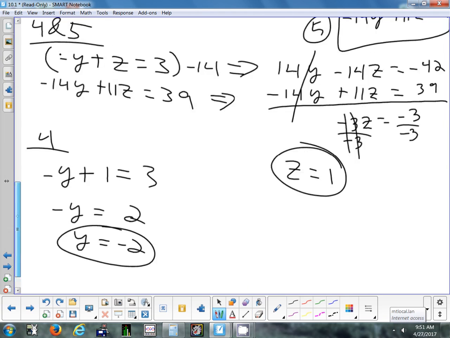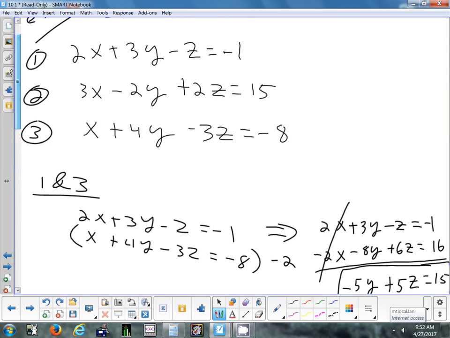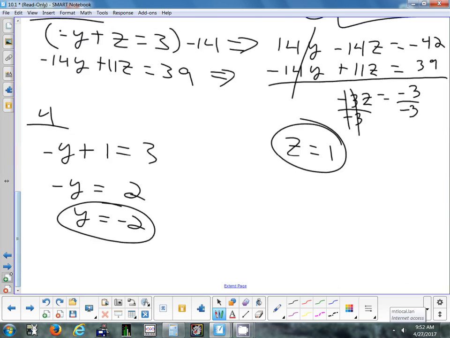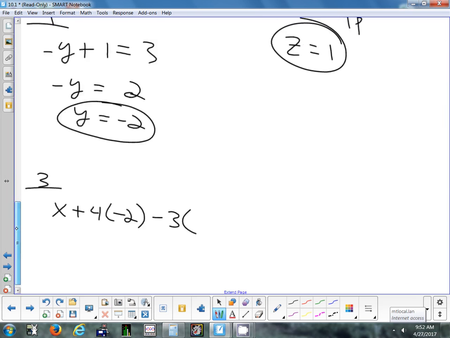And now what would you plug back into to get x? You could plug it into either one of them. Let's do 3, because the x doesn't have a number in front of it. X is already by itself. So x plus 4y minus 3z. 4 times negative 2 is negative 8.